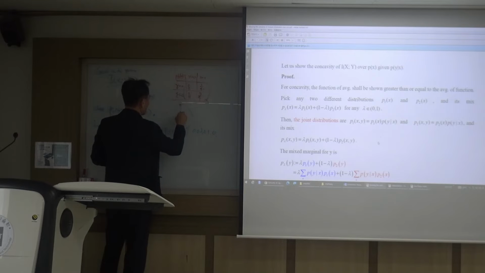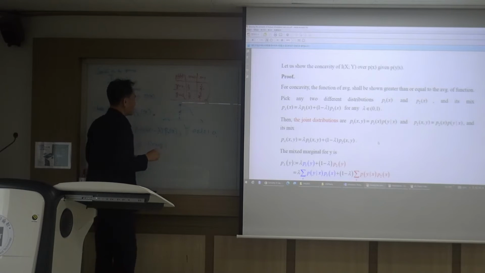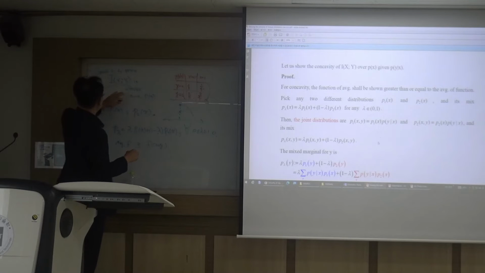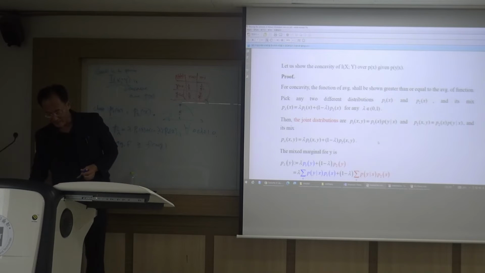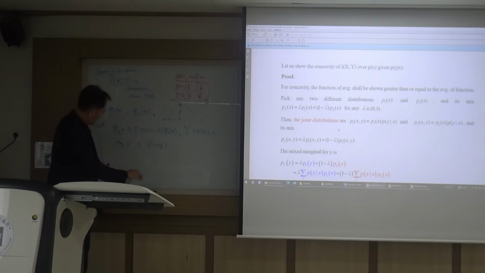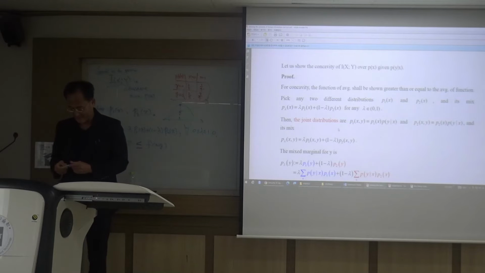We wanted to show that mutual information is concave. So concave. Always right or left, up or down, always confusing. All right. So this one goes the other way around. Sorry about that.